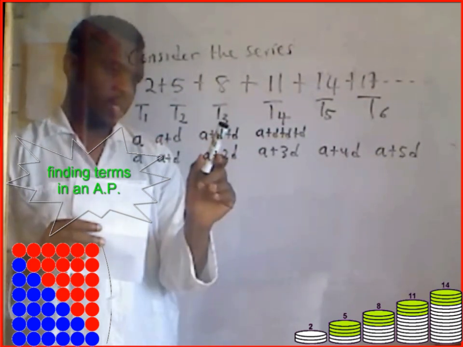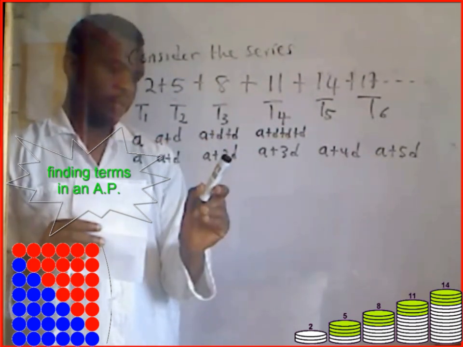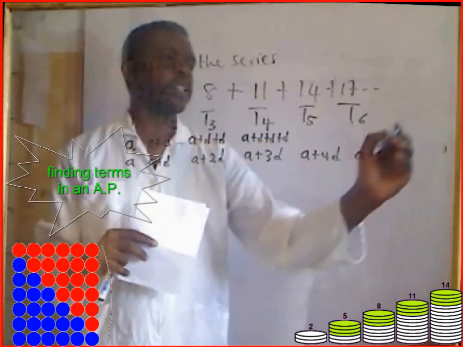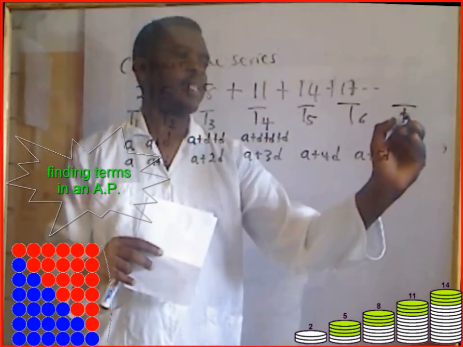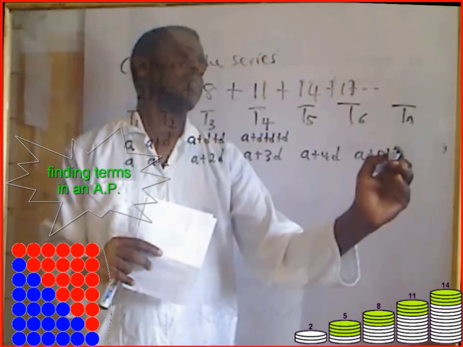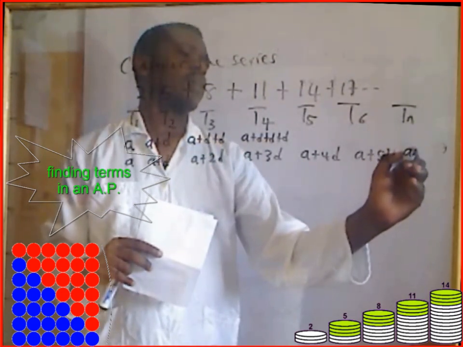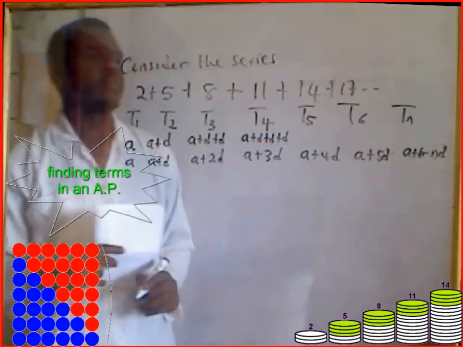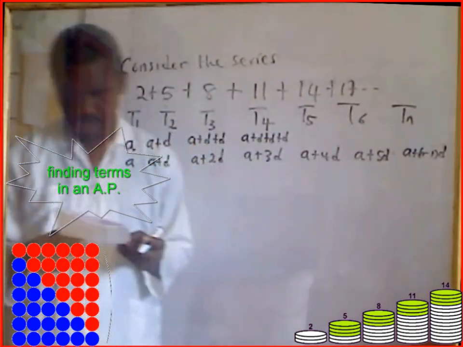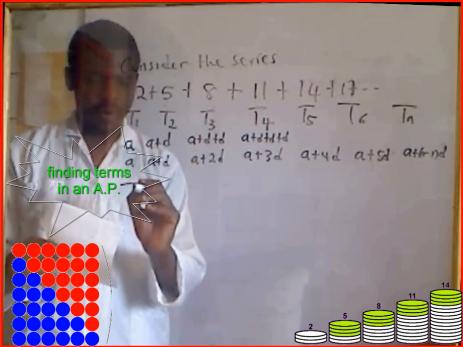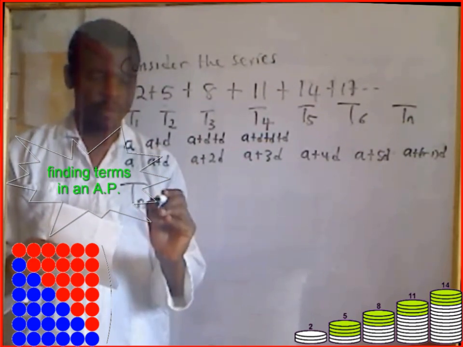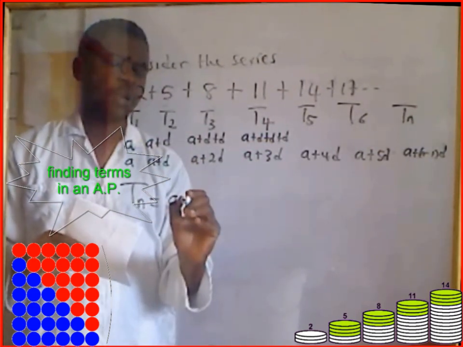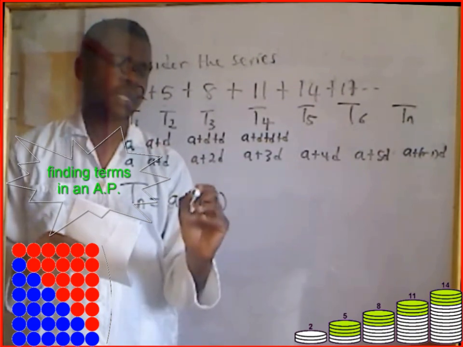So this is 3 minus 1, which gives us 2. If I consider the general term Tn, this will be equal to A plus n minus 1 D. Let me restate it down here: our general term Tn is equal to A plus n minus 1 D.